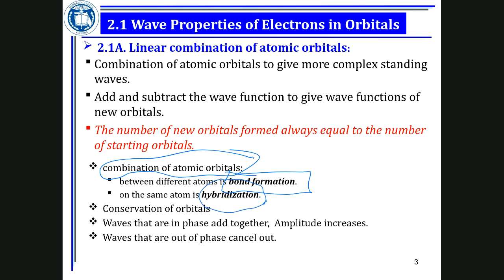So hybridization is going to happen between the orbitals of the same atom, not two different atoms. So if it's hydrogen 1 and hydrogen 2, or a carbon and another hydrogen, you will get a formation of a bond. But hybridization is the merging or overlap or combination or mixing of different orbitals of the same atom.